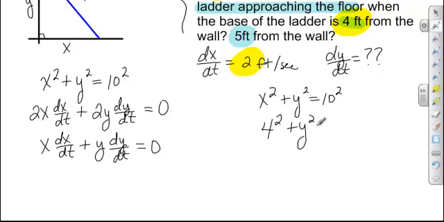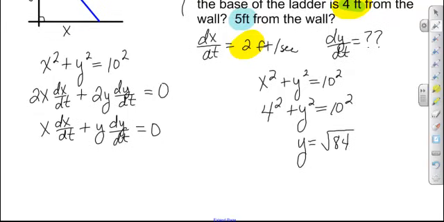Okay, we're going to take the positive square root only, so square root of 84. So plugging in the numbers that we have, 4 times 2 plus the square root of 84 times dy over dt equals 0. And now we solve that for dy over dt.